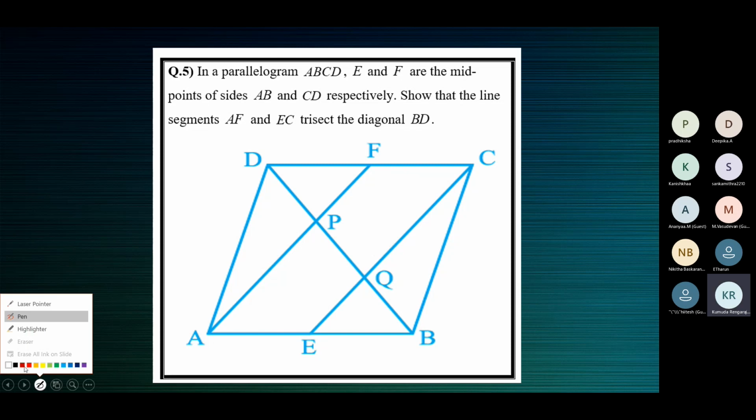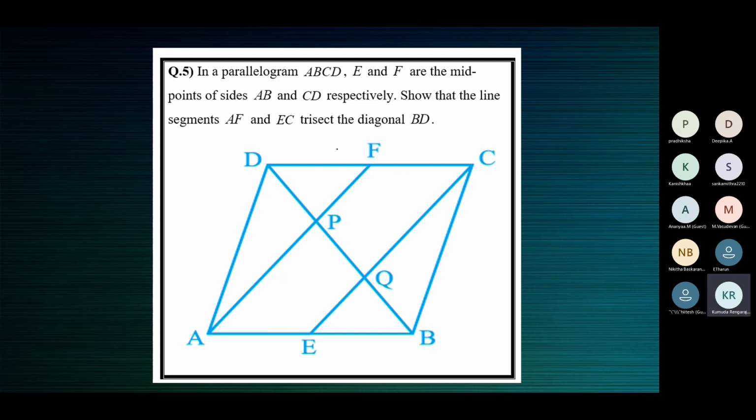How do we prove that AECF is a parallelogram? How did we prove that opposite sides? We took up the opposite sides AE and CF. We proved that they are parallel and equal. How did we do that?